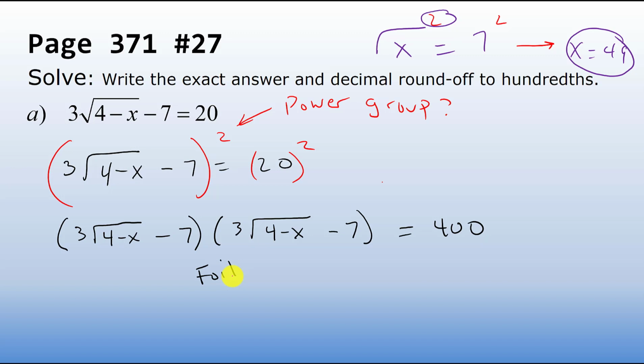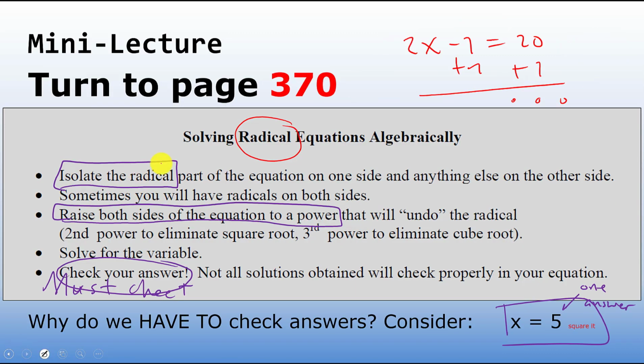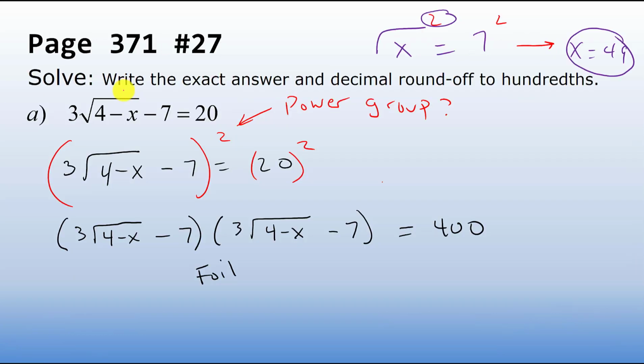The thing that is going wrong: algebraically, it is correct. This is correct algebra. But it's not helpful algebra because we are making this problem blow up instead of get simpler. And the thing that went wrong here is that we did not isolate the radical. We have to get this square root by itself.